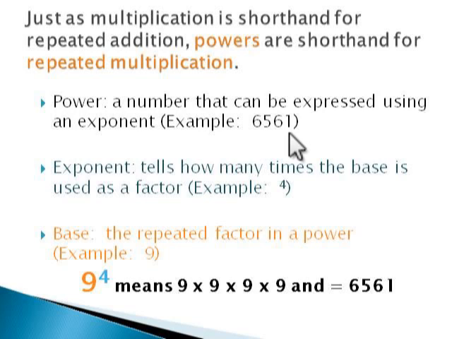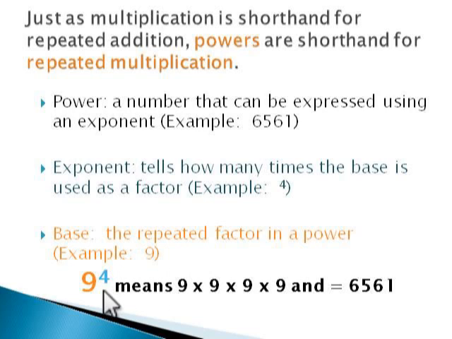An exponent is the number that tells you how many times you're going to multiply that base. Okay? It's usually shown, like this is right here, kind of smaller and up at the top rather than sitting on the line. And then the base is the number that is repeated, the number that you keep multiplying, the repeated factor in a power.